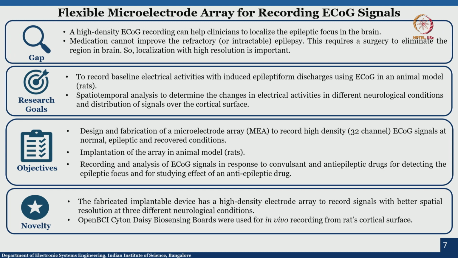So, localization with a high resolution is important, which is not possible with the current electrodes. So, the research goal can be to record the baseline electric activities with induced epileptiform discharges using ECOG in an animal model, and to use spectrotemporal analysis to determine the changes in electrical activities in different neurological conditions and the distribution of signal over the cortical surface.